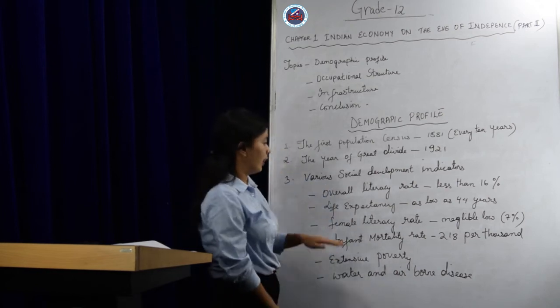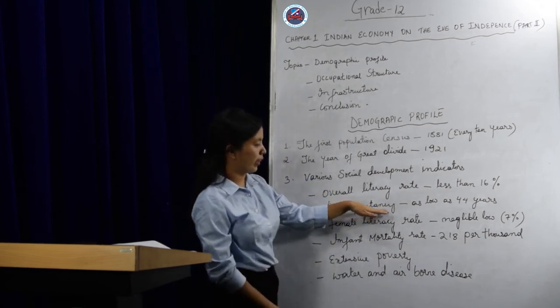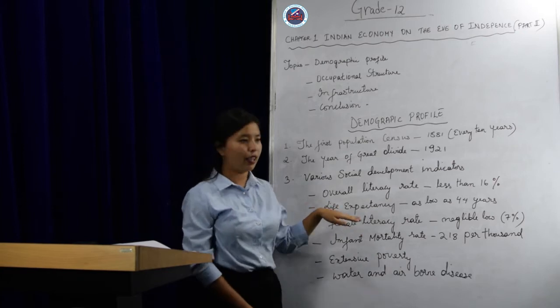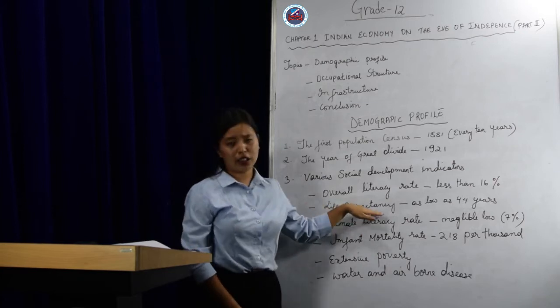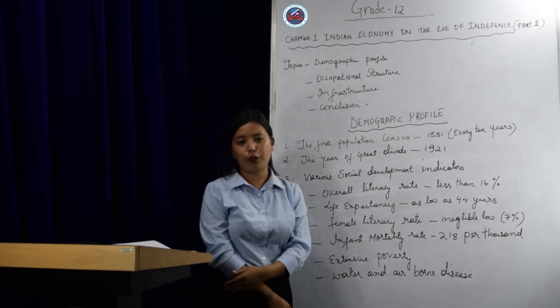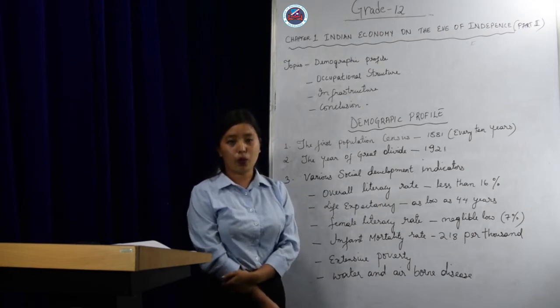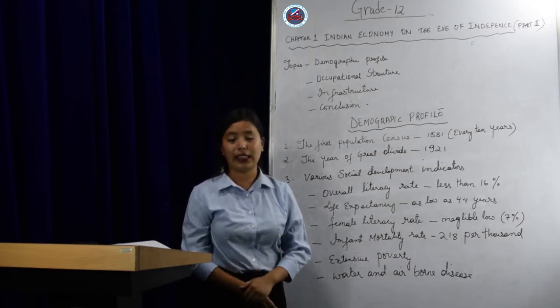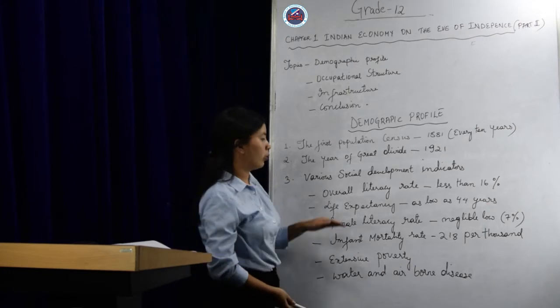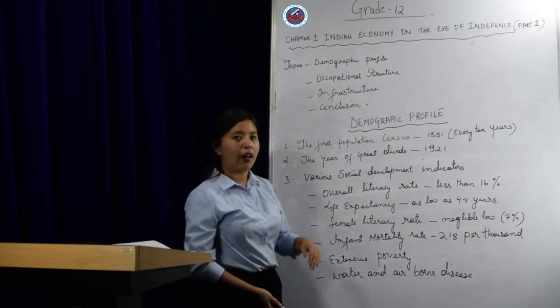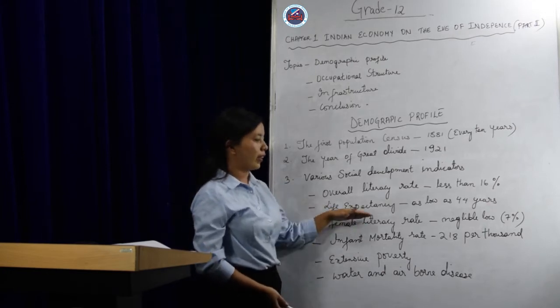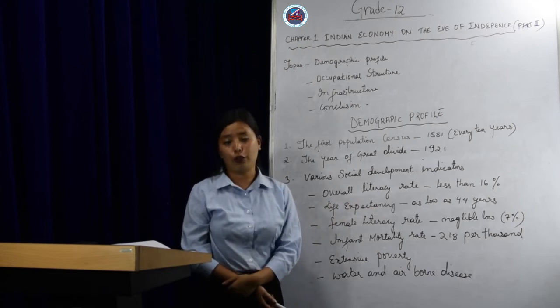The second thing that we'll be seeing here is the life expectancy. The life expectancy rate was as low as 44 years, which at present we all know is 68 years. But during the British colonial rule, Indian life expectancy was only 44 years.